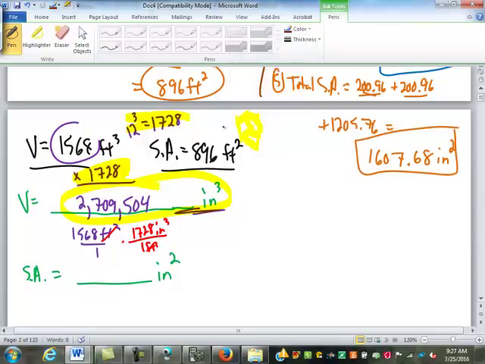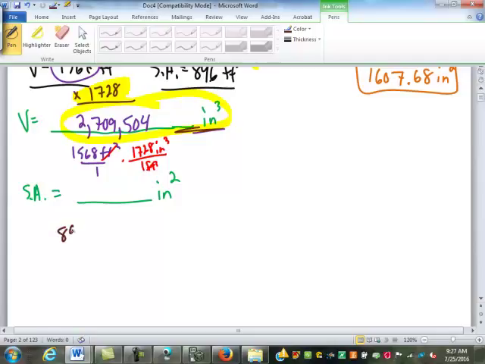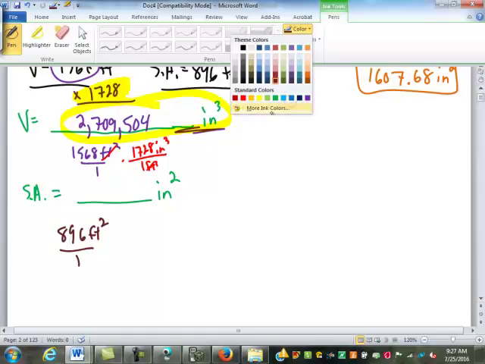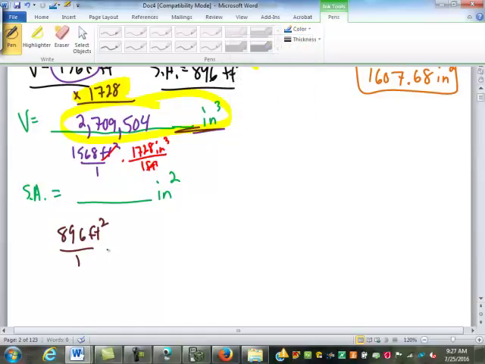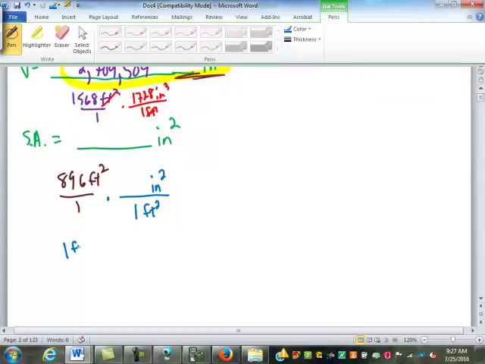So then for my square inches, I have 896 square feet. I know that 1 foot is 12 inches, but how many square inches are in a square foot? Remember, we figured out like this. 1 foot equals 12 inches. To make it into a square foot, I have to square this, right? What's 1 squared? 1, and then a foot squared is a square foot, right? Well, we have to square the other side of the equation too.